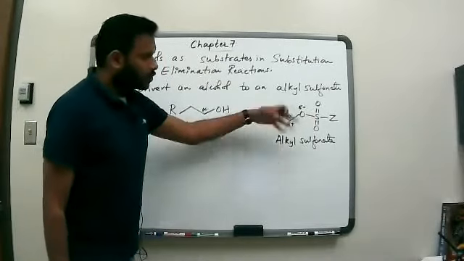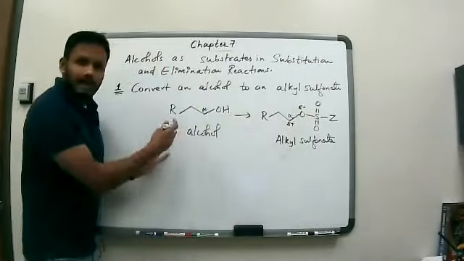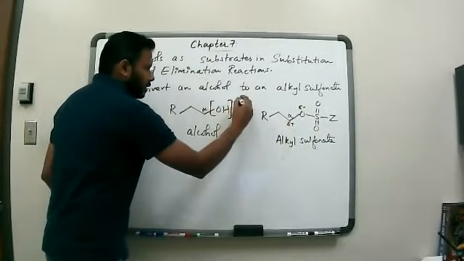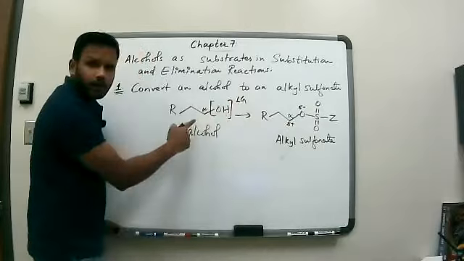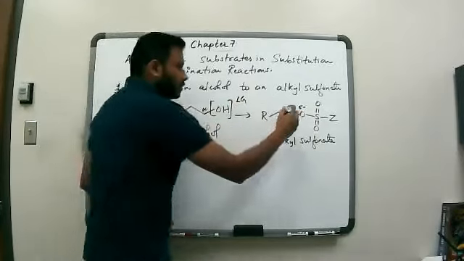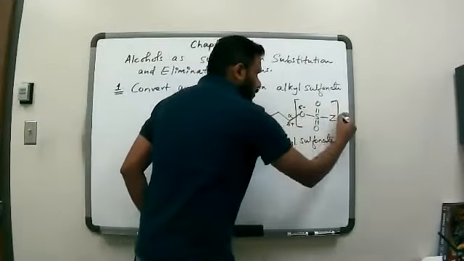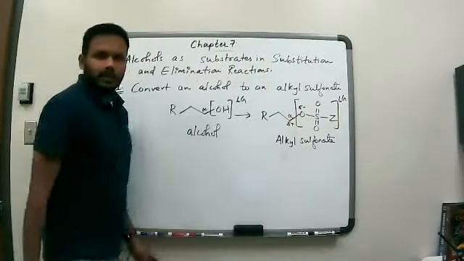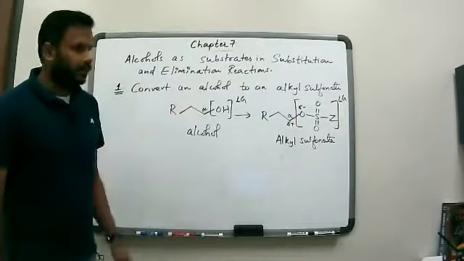Okay, so our leaving group in an alcohol would have to be the hydroxyl group, but in a sulfonate, our leaving group is the sulfonate ion. So that is the sulfonate ion.